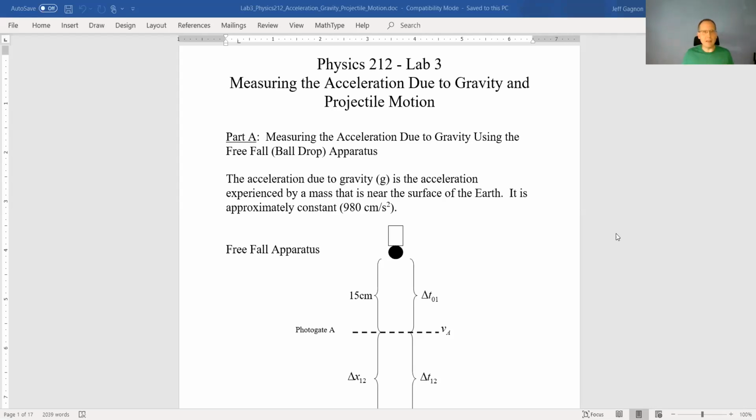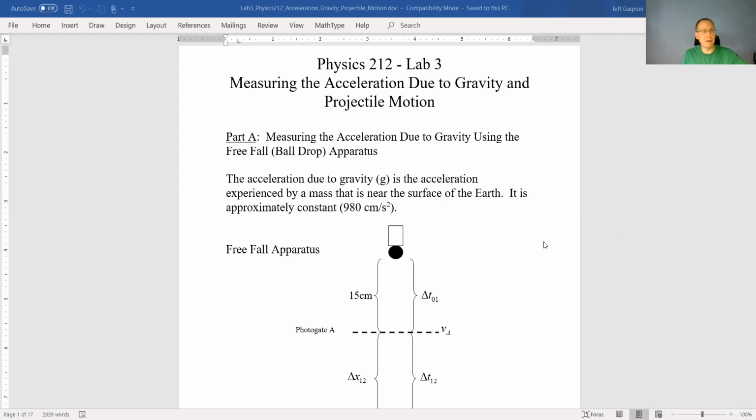Okay, so let's start with measuring the acceleration due to gravity using the ball drop apparatus. As you know, the acceleration due to gravity is the acceleration experienced by an object that's dropped near the surface of the Earth. We're assuming there's no air resistance, so all objects will have basically the same acceleration.